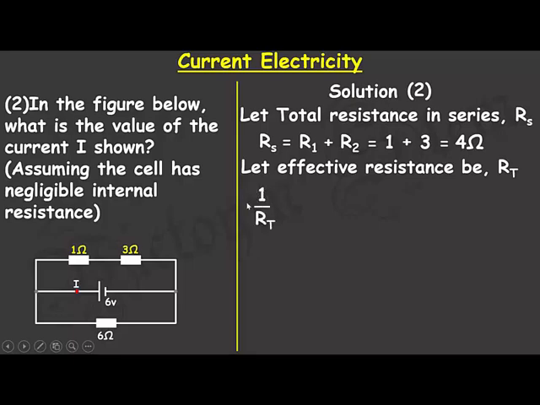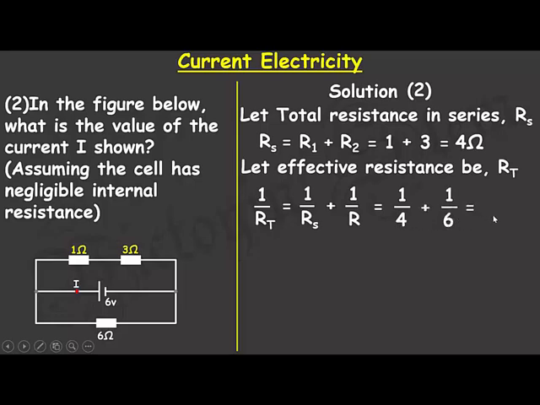In finding the total resistance in parallel, it will be 1 over RT, where RT stands for the effective resistance of the entire circuit, which is the same thing as 1 divided by Rs, where Rs is 4 ohms, plus 1 divided by R, where R stands for 6 ohms. So if I input Rs and R, I'll have 1 over 4 plus 1 over 6.